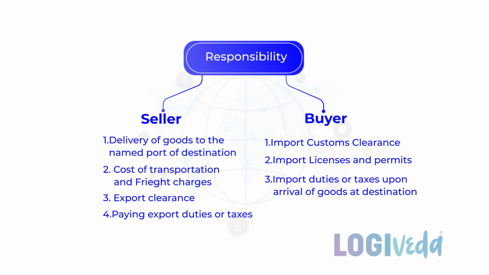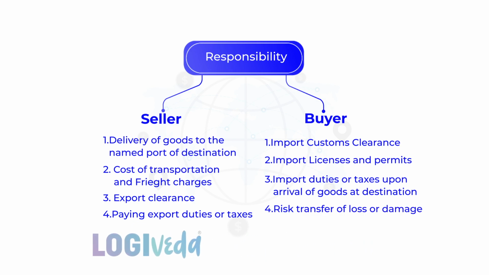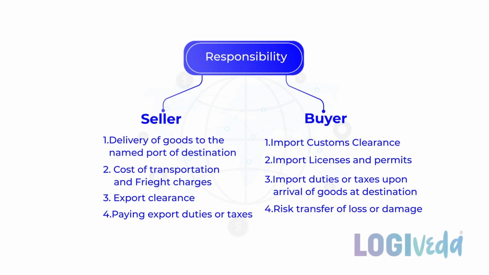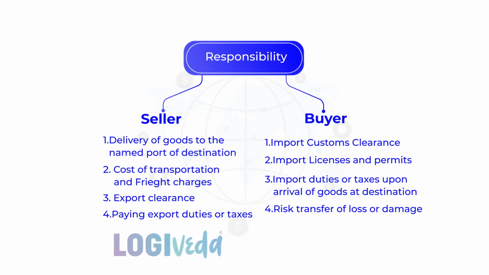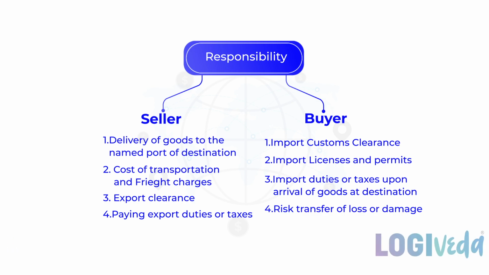Risk transfer. The risk of loss or damage to the goods typically transfers from the seller to the buyer when the goods are on board the vessel at the port of shipment. Therefore, the buyer should consider purchasing insurance to protect against these risks.